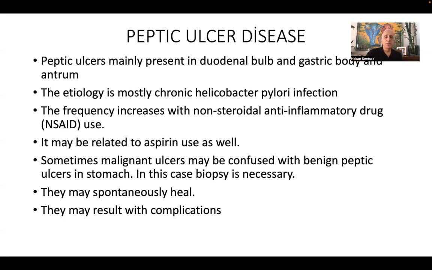It may be related to aspirin as well. In some studies, it was shown that in 20% of the patients who are consuming aspirin, there may be some changes in gastric mucosa. Nowadays, most people are using aspirin to prevent heart conditions and vascular conditions. However, it is a controversial issue. We do not know whether using aspirin purely for the prevention of cardiovascular disease makes sense or not, because there is a very high rate of gastric conditions.